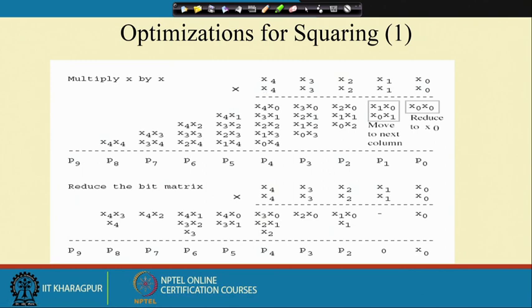Just like the same multiplication algorithm we have seen, it is bitwise multiplication initially. Bitwise multiplication means x0 will be multiplied with x0, then x0 into x1, x0 into x2, x0 into x3 and x0 into x4.